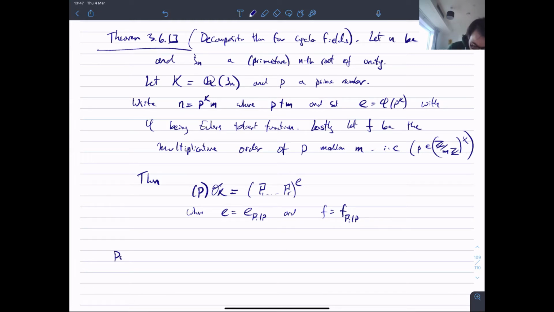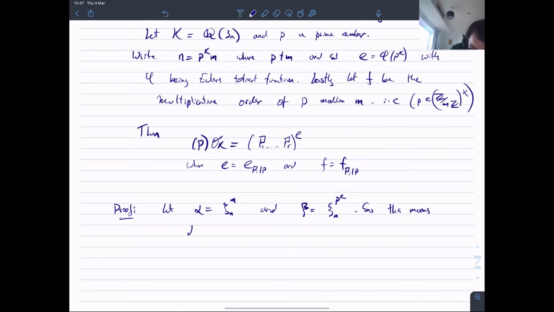For the proof, we're actually going to have to use two different lemmas to split up the proof. I'm going to let α be ζ_n^m, and I'm going to let β be ζ_n^(p^k).